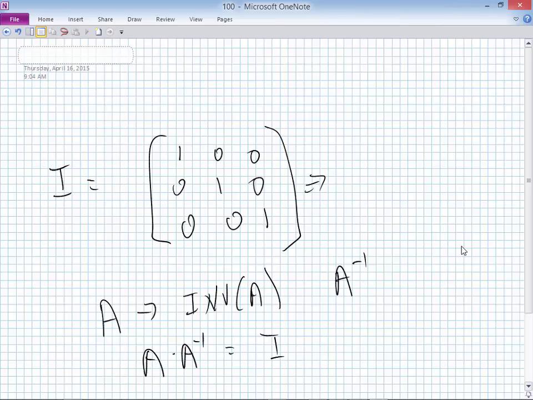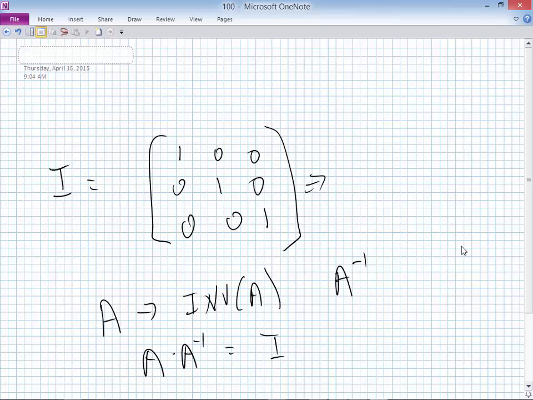Now, one of the things that's very important is that not all matrices have an inverse. Not every matrix has an inverse. The ones that you will look at in circuit analysis will always have one. If you have a matrix that is generated by physical phenomena such as an electronic circuit, then there will exist an inverse for it.